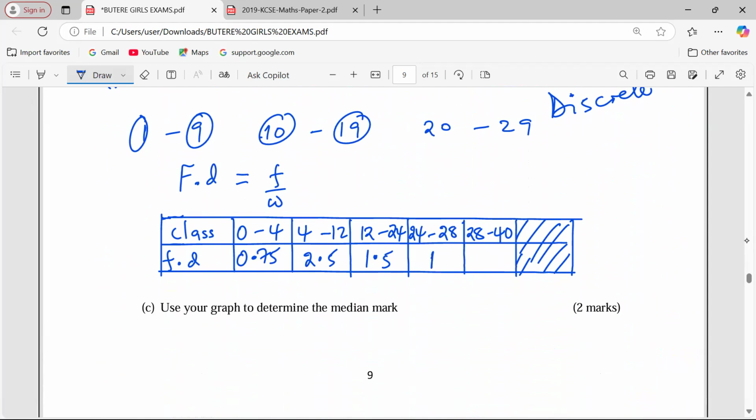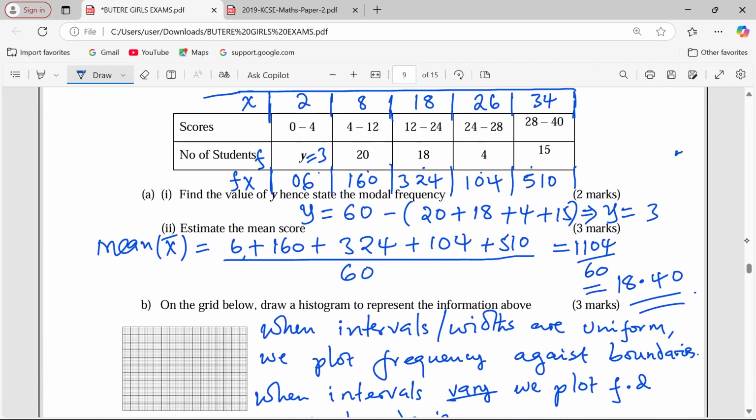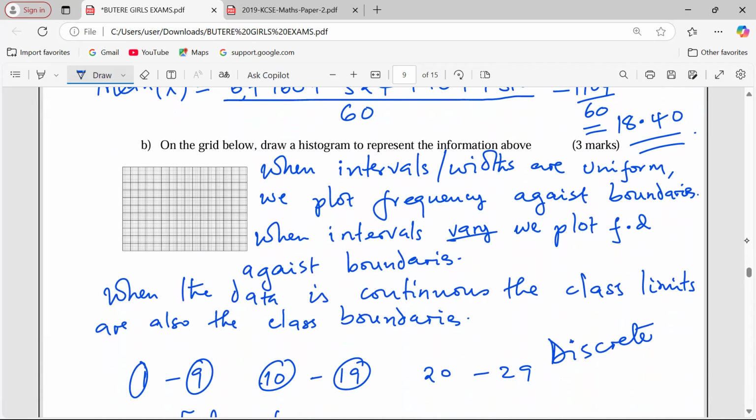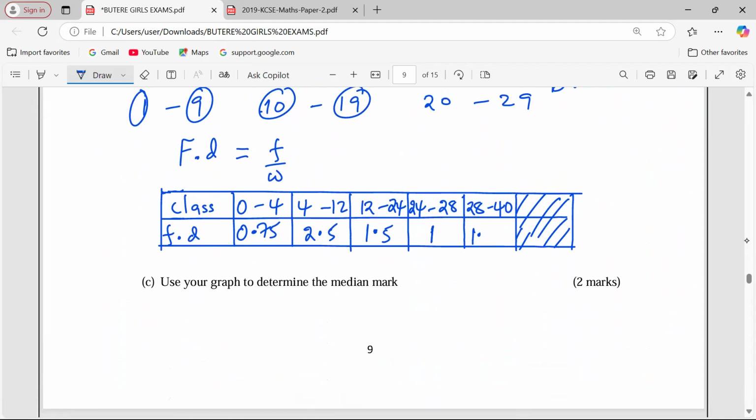Then from 40 to 28, we have a class interval of 12. So the frequency there is 15. So 15 over 12 gives us exactly 1.25.